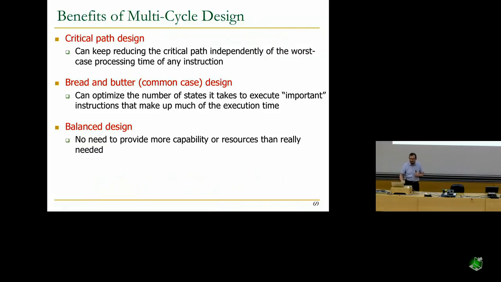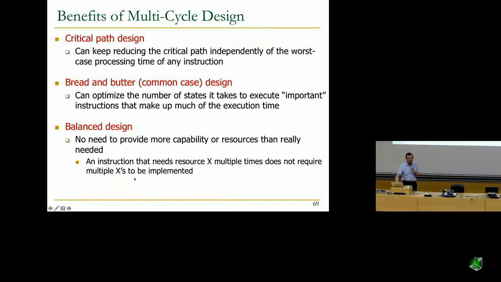Balanced design: now you don't need to provide more capability or resources than really needed for a given instruction. For example, if an instruction needs resource X multiple times during the execution of its semantics, it doesn't require multiple X's to be implemented. Let's go back to load word. If you want to execute load word, you need to access memory twice.